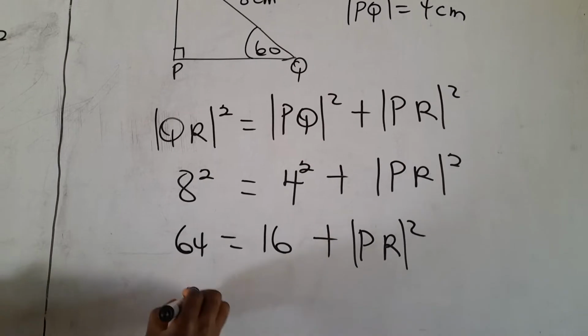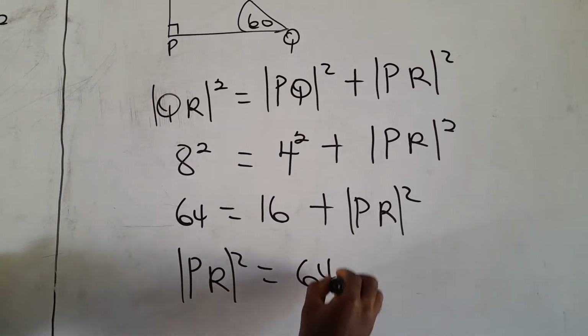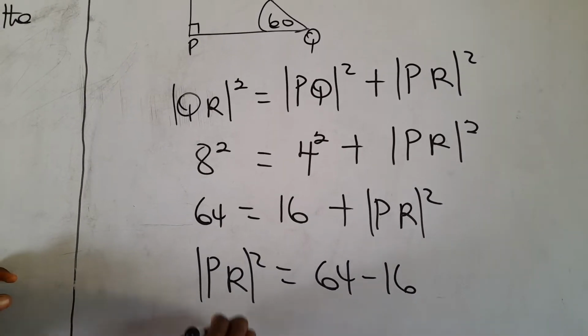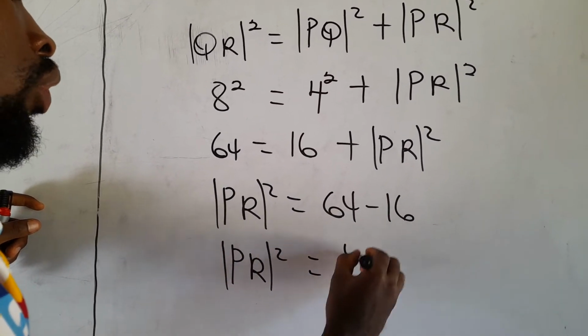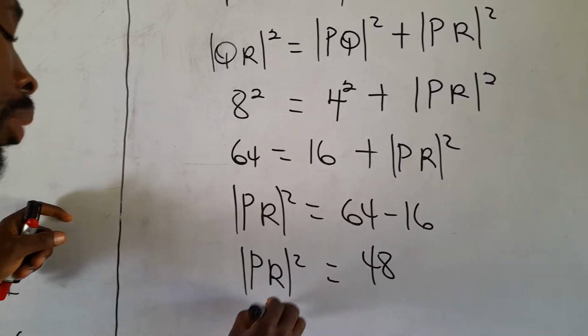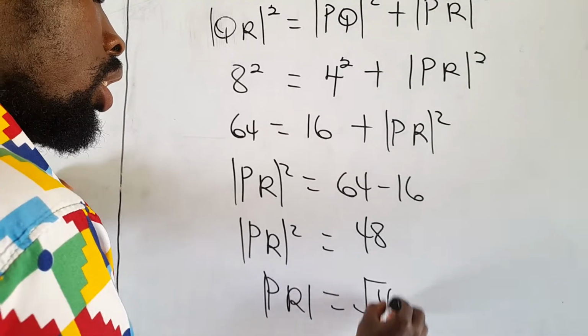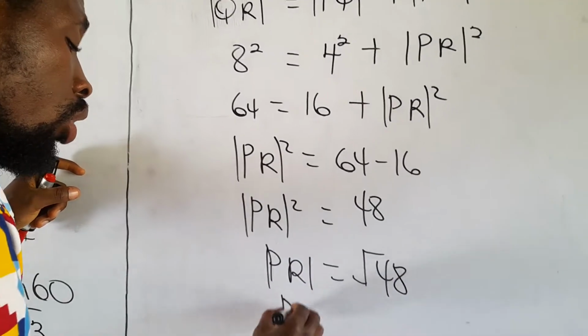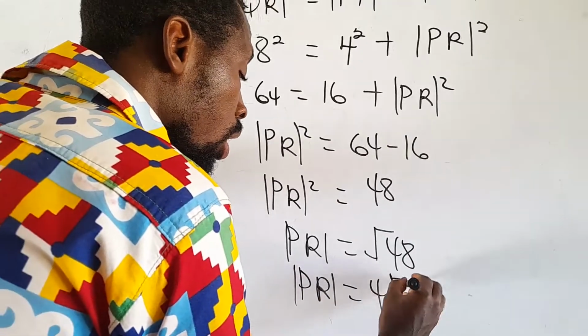So we can say PR squared will equal 64 minus 16. PR squared, 64 minus 16 is 48. So our PR will be equal to the square root of 48, and the square root of 48 is 4 root 3.